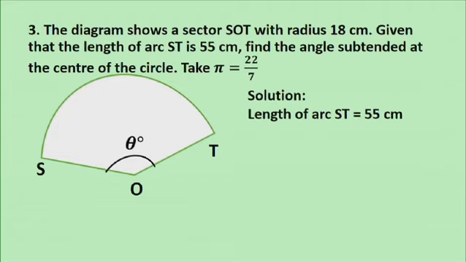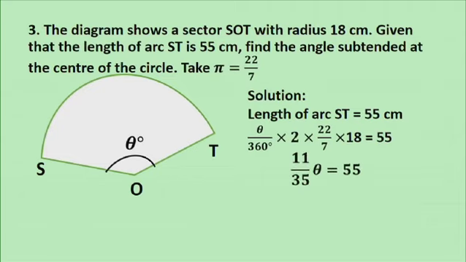The length of arc ST is 55 centimeters. Using the formula, theta over 360 degrees multiplied by 2 multiplied by 22 over 7 multiplied by 18 is equal to 55.